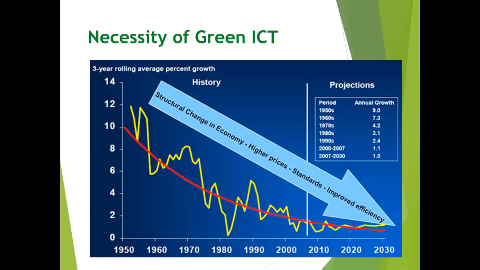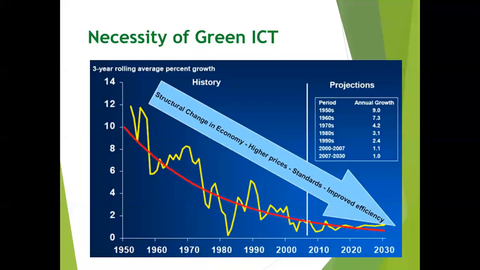Then around 2000 to 2007, the evolution of mobile. We have our mobile evolution here. After 2007 and in the upcoming years, we will say that there will be a structural change in the economy. The higher prices of PCs and ICT systems will go down.